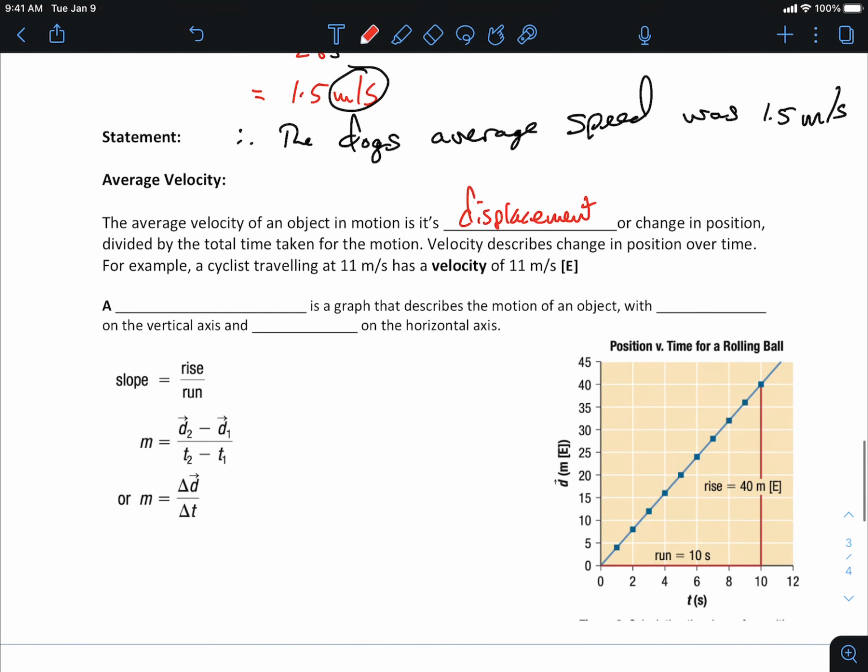And so what we're going to spend some time doing tomorrow is looking at graphs like this and pulling some math context that you guys are familiar with from grade 9 and 10, which is slope, right?